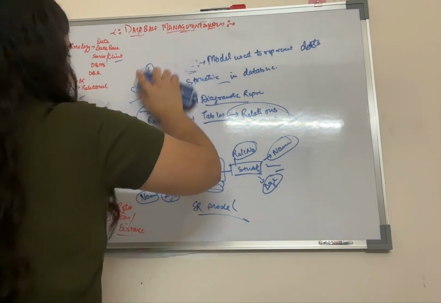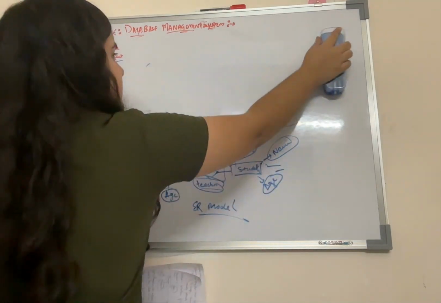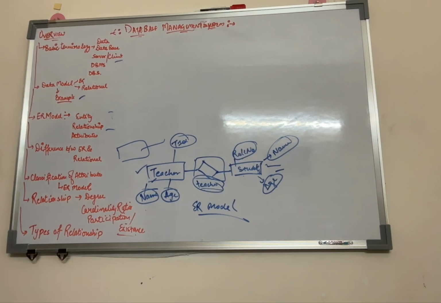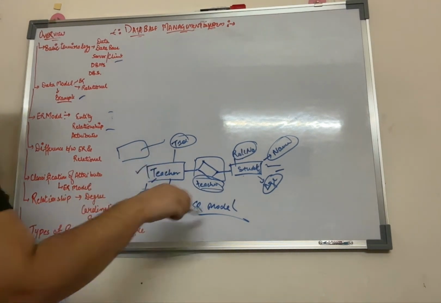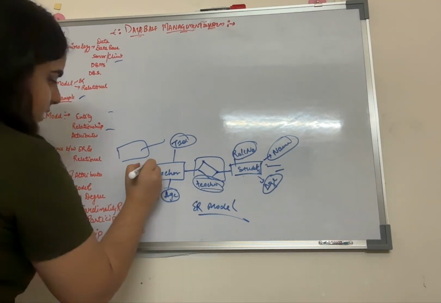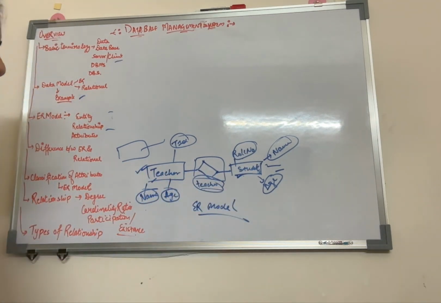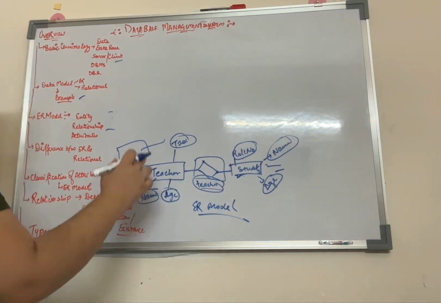Now in case of relational model, let's see an example. Let's say I want to convert this to relational model. Keep in mind, these two things which are a part of this relationship will form two tables.